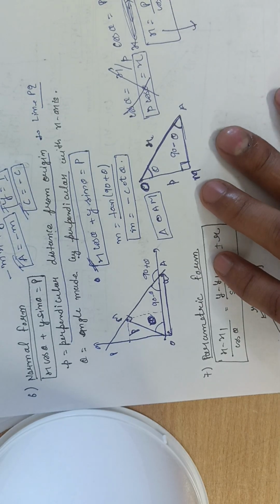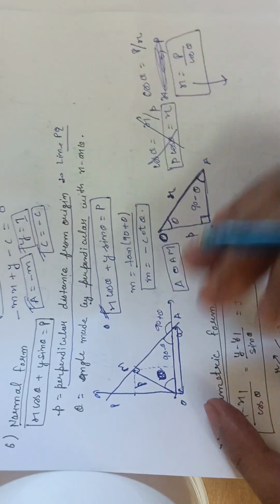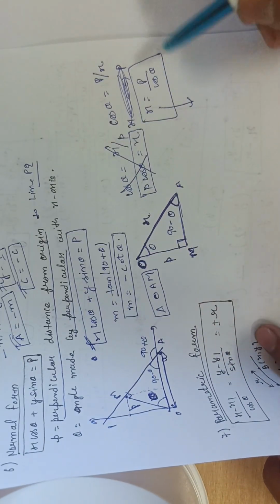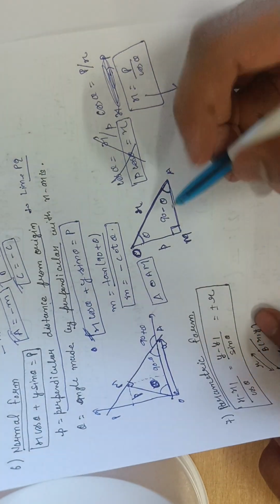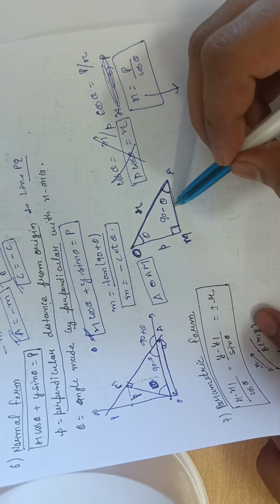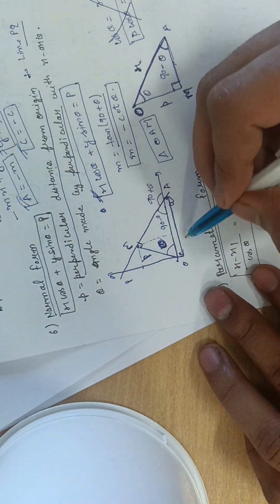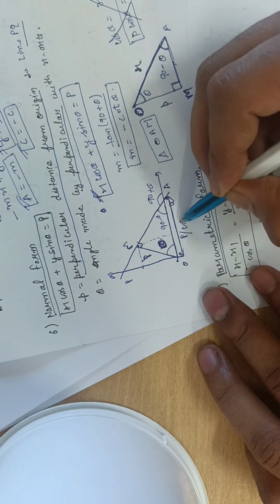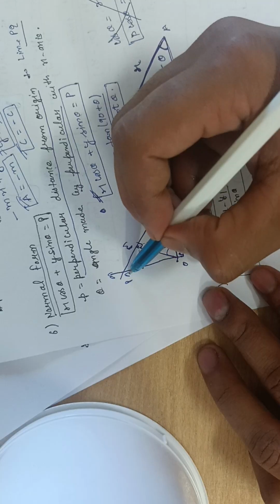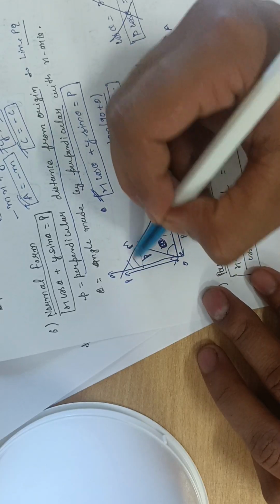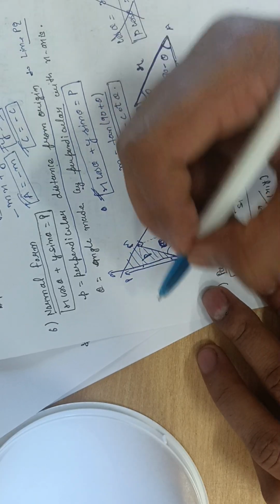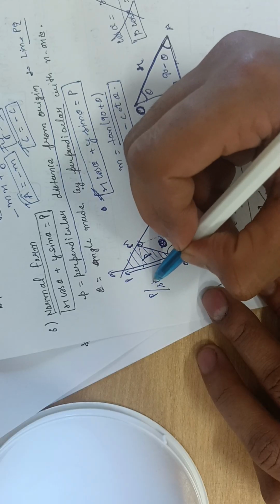This x is basically the x intercept of the line. We will determine it with the help of this triangle. And similarly, if you determine the y intercept by considering this triangle, you will come with the result p sin theta.